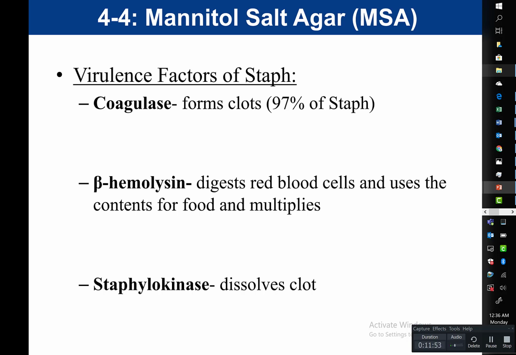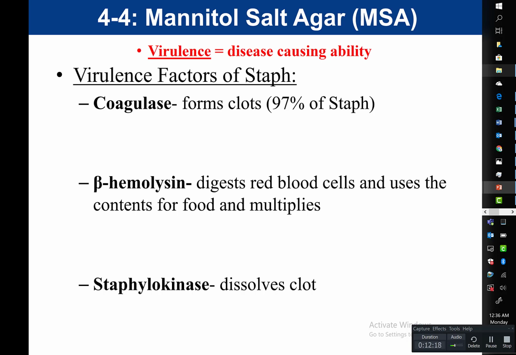So first, virulence. Virulence is referring to disease-causing ability. These are proteins, for example, that can cause disease, meaning that they are what make the bacteria pathogenic. So the first virulence factor would be coagulase. And coagulase allows the bacteria to form clots.